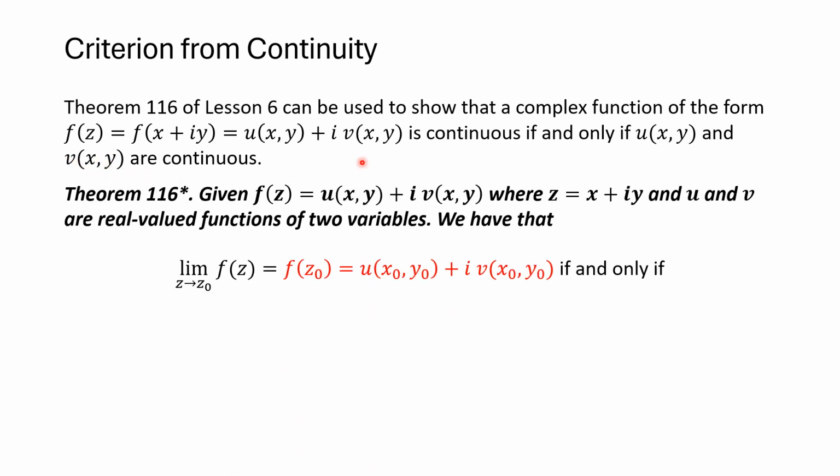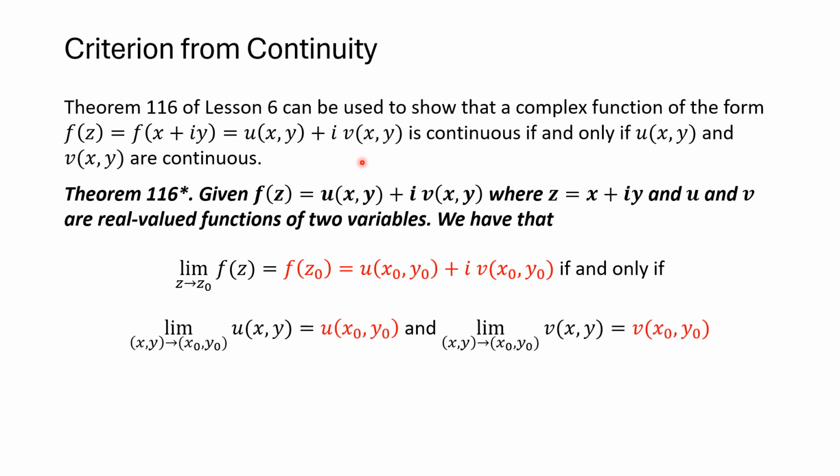So just to write it out a little bit more formally, I'll highlight where we made the extension here. In the original theorem 116, we had the limit of f of z equals w0, where w0 didn't necessarily equal f of z sub 0. For continuity, we need to have this equality here.